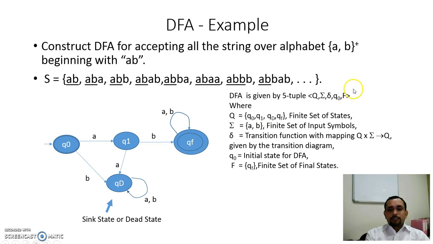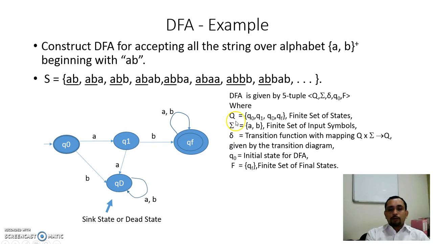Here the DFA's definition is given. This DFA has four different states, that is Q0, Q1, QF and QD. Sigma is the input alphabet. Here two symbols are used in the alphabet, that is A and B. Delta is a transition function, I mean a mapping Q cross sigma gives Q, which means from state Q0 on the input from the given alphabet, the resultant state is Q0 or Q1 or QF or QD.